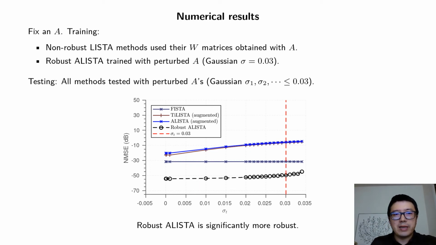Because this robust A-LISTA is trained with the noise of A in mind, it does better.